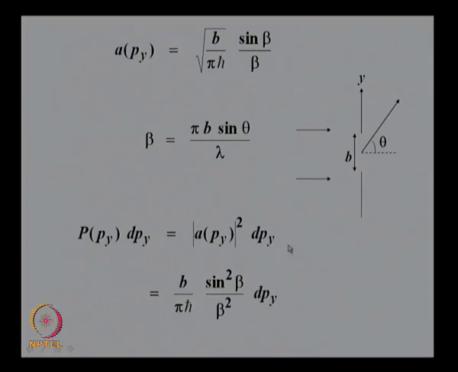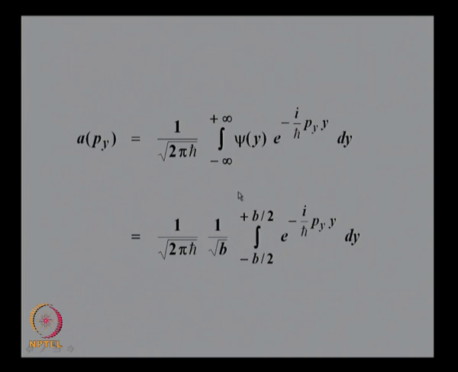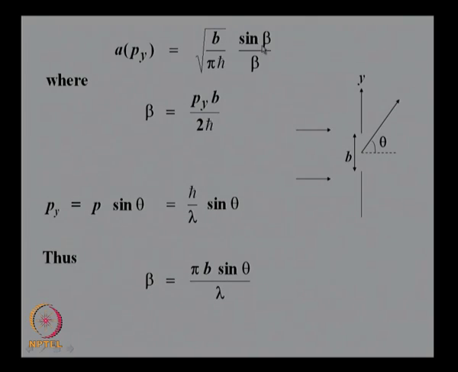So, let me go back to the slides. I first considered the single slit diffraction pattern, and psi of y was non-zero from y equal to minus b by 2 to plus b by 2, where its value is 1 over root b. I integrated this in detail and obtained sin beta by beta, where beta is equal to p_y b by 2 h cross, which is equal to pi b sin theta by lambda.